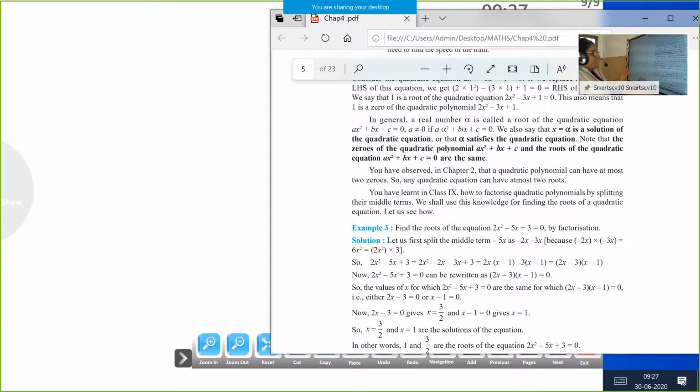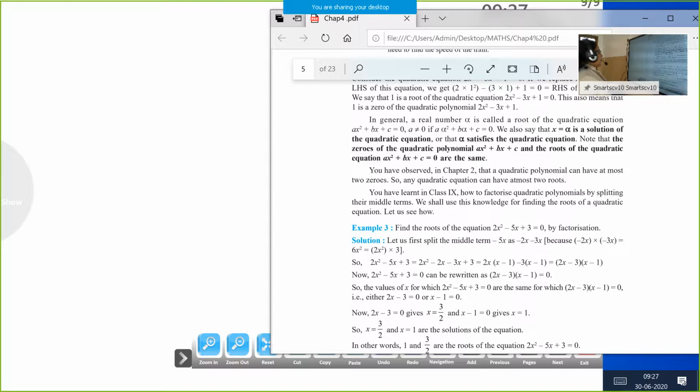That means alpha satisfies the equation. Alpha is the root of the equation.